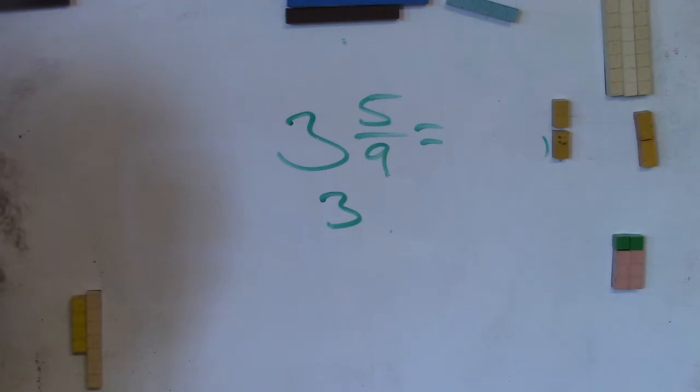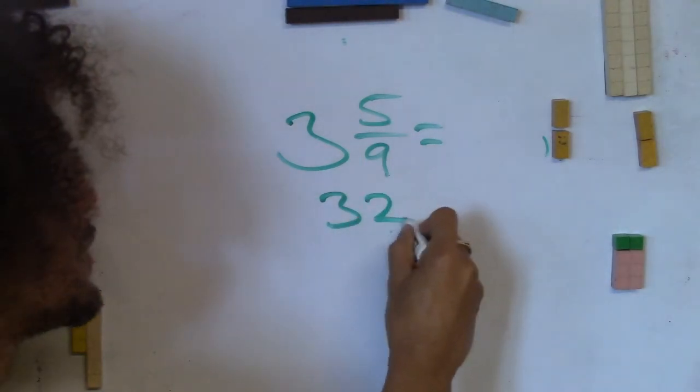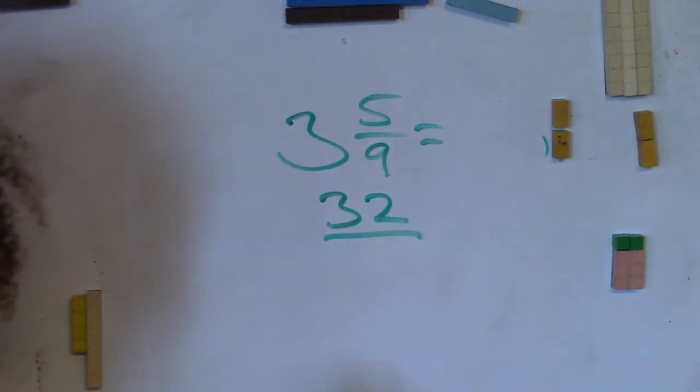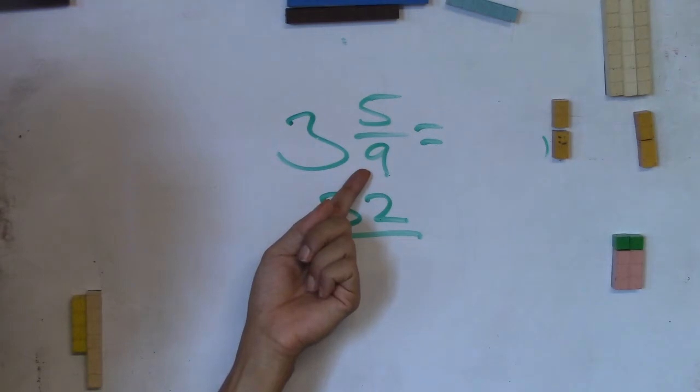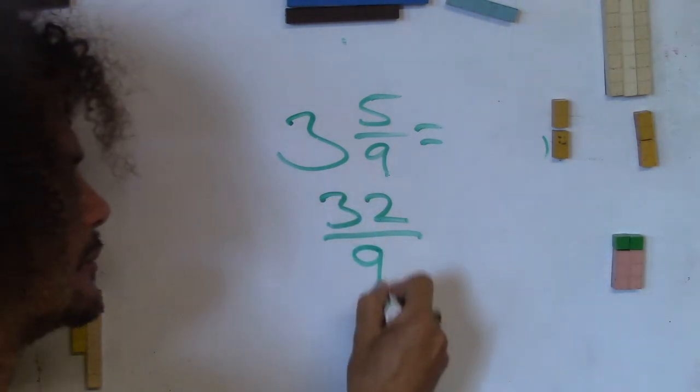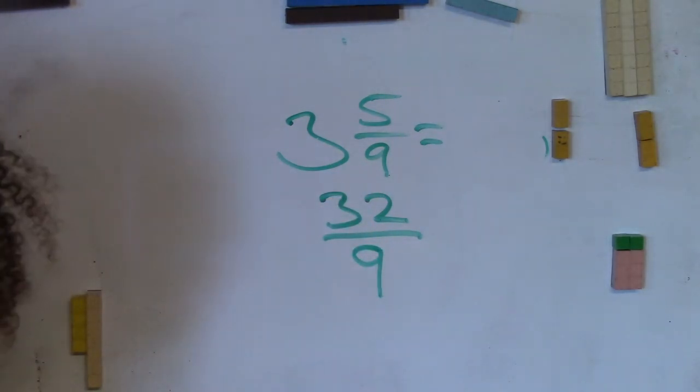It's 32. It is. 32 over what? 5. Why would it be 5? Because the 5. Were we counting by 5s or were we counting by 9s? Sorry. Over 9.